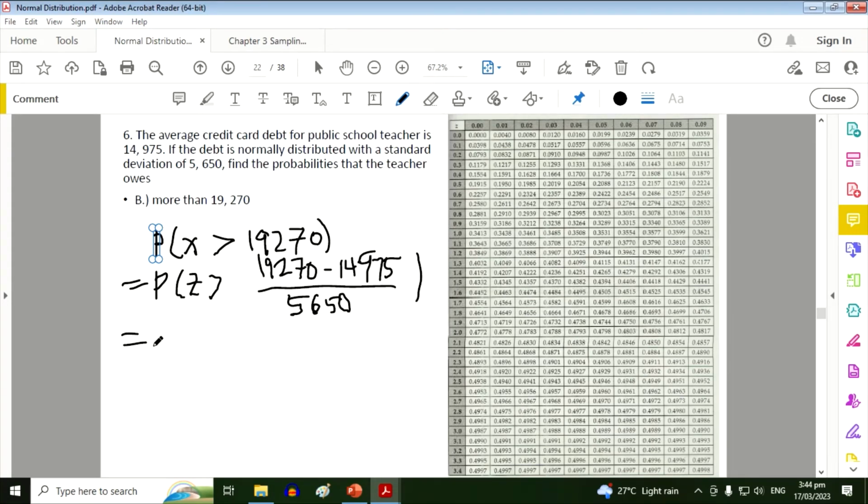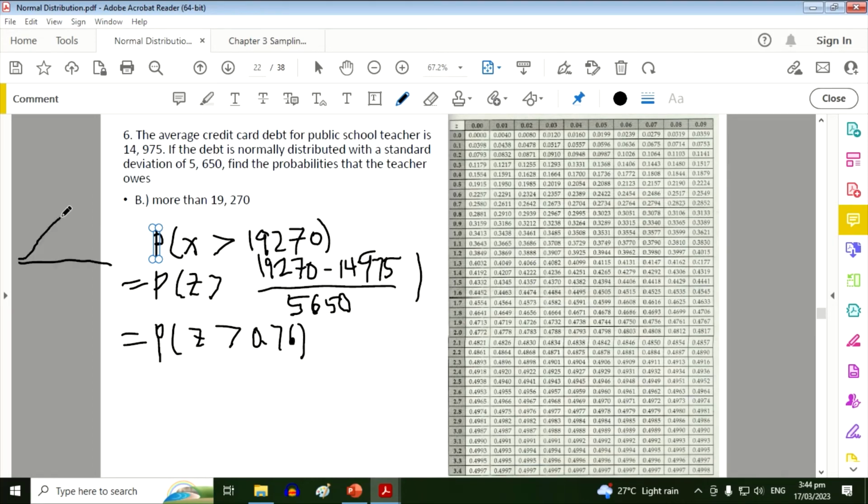So 19,270 minus 14,975 divided by 5,650 is 0.76. Okay, so greater than 0.76.